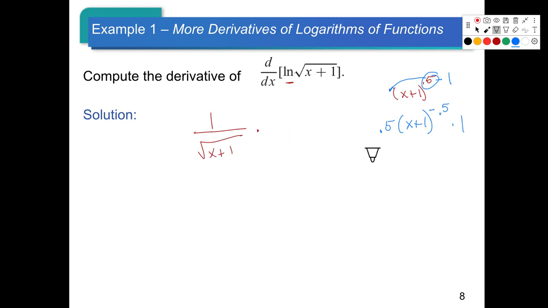So again, this is the derivative of the inside stuff, so we're going to have a 0.5 times x plus 1 to the minus 0.5. You could make that positive and put it down if you wanted to, because it's up in the numerator.